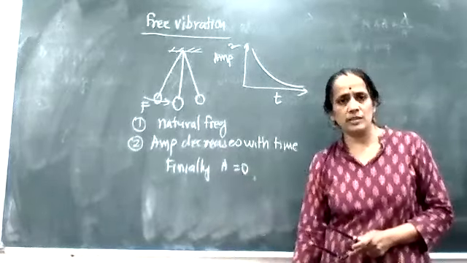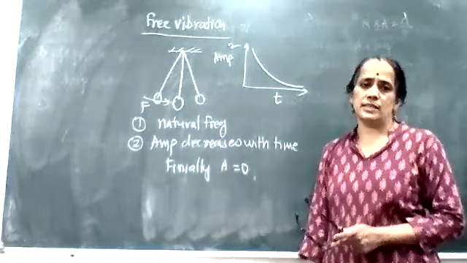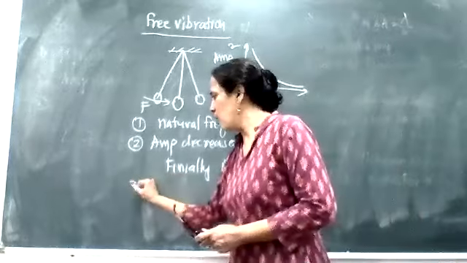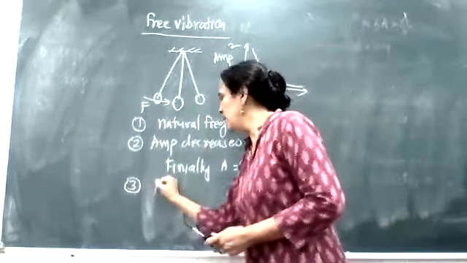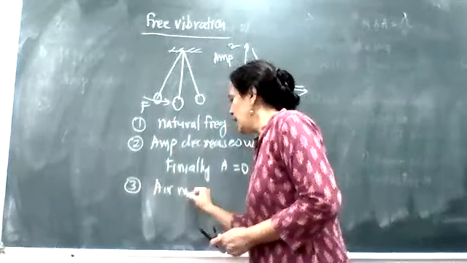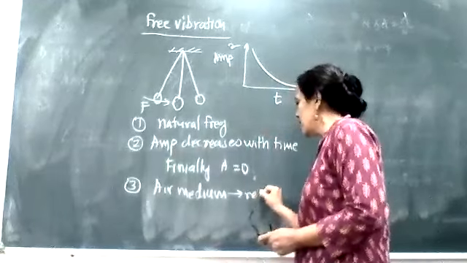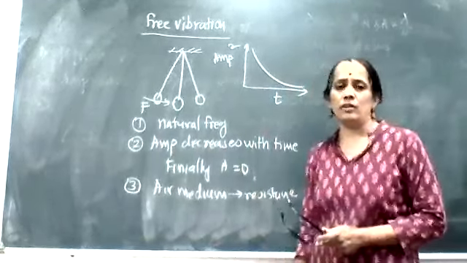Now the question is, why does the amplitude of vibration decrease? The amplitude decreases because the pendulum is vibrating in the air medium, and this air medium offers a certain resistance to the motion of the pendulum.